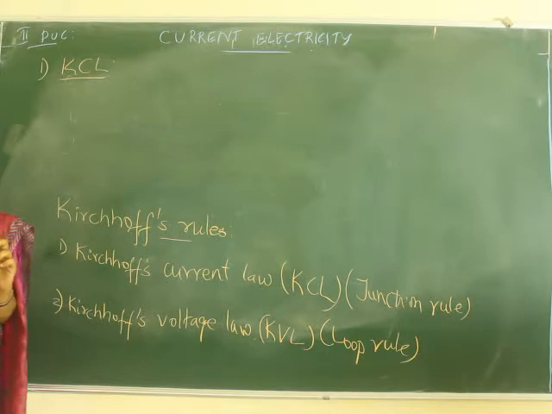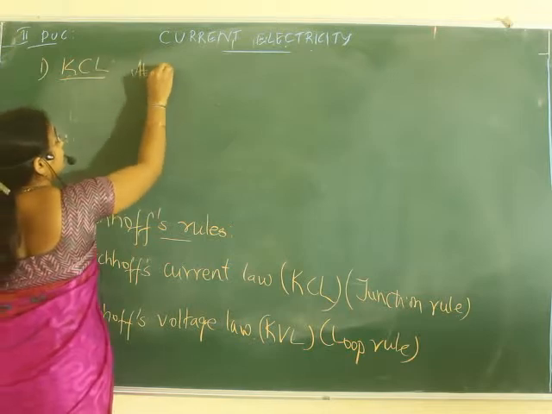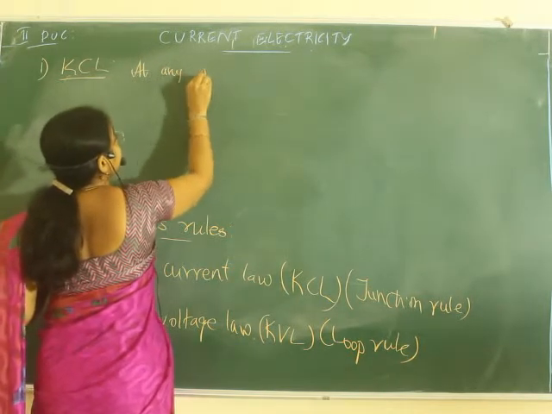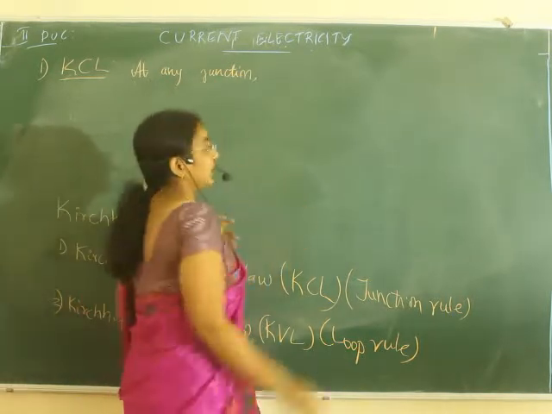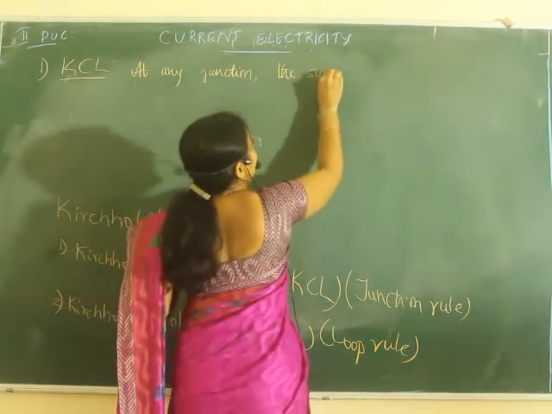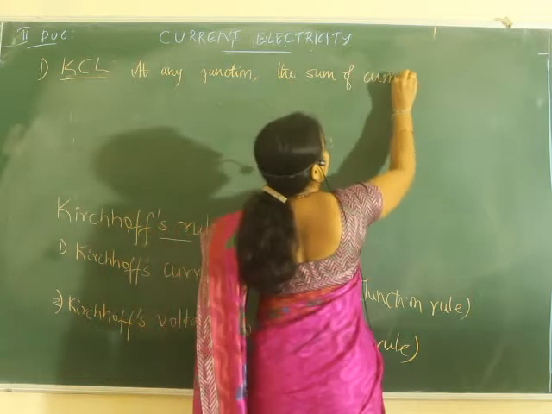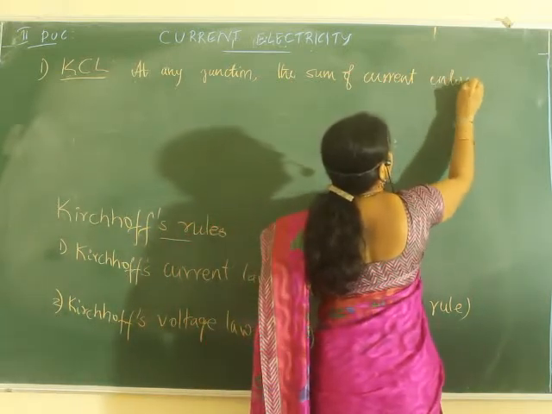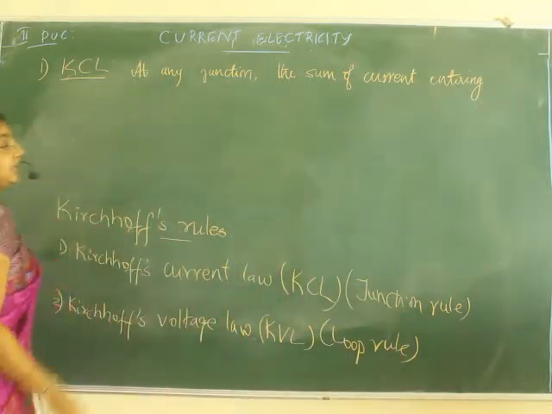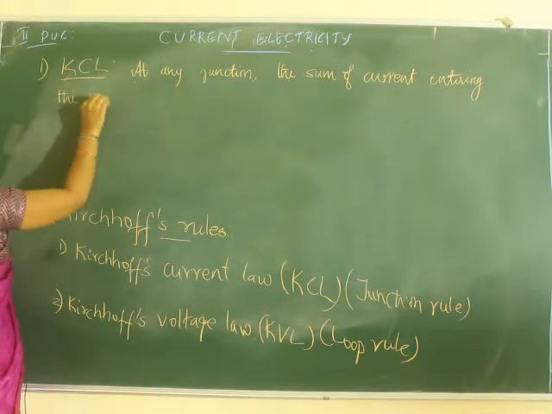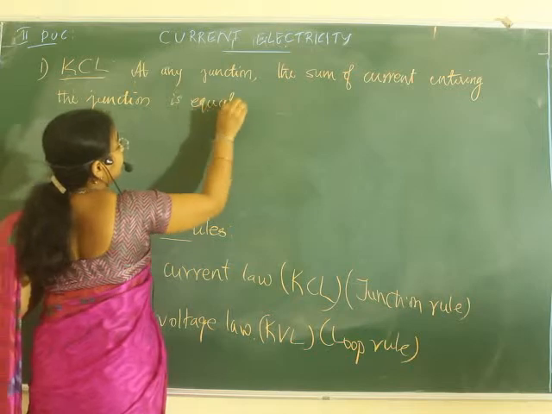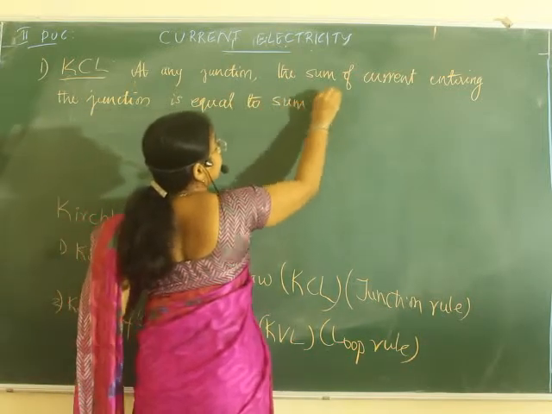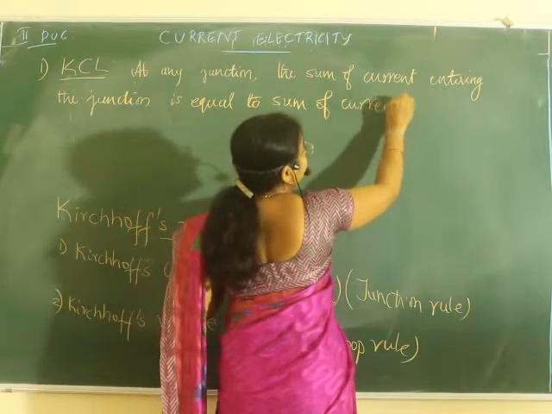This Kirchhoff's current law states that at any junction, the sum of current entering the junction is equal to the sum of current leaving the junction.